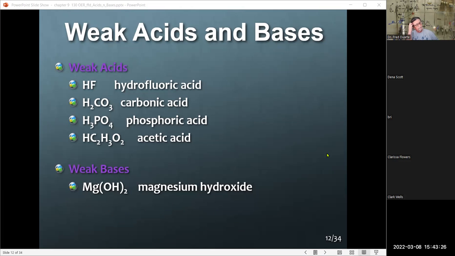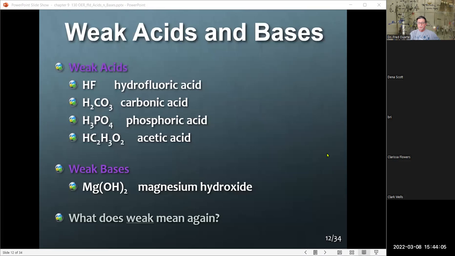And then the weak base, in this case, is magnesium hydroxide. But bear in mind, for the hydroxides, we use the example of magnesium hydroxide, but based on the solubility rules, unless they're bonded to those 7 examples, any other hydroxide is also a weak base. Copper hydroxide, iron hydroxide, they're all classified as insoluble with respect to the solubility rules, and therefore would be a weak base.